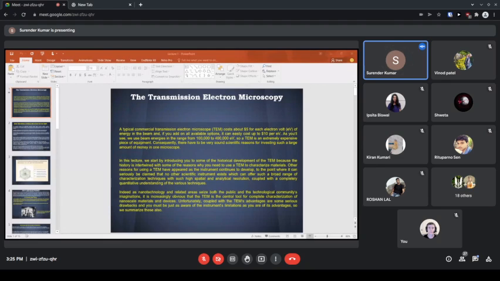When you accelerate electrons with very high energy and calculate the wavelength, with some relativistic effect, the wavelength is in picometer. The wavelength is related to the resolution, so you can see at atomic level.